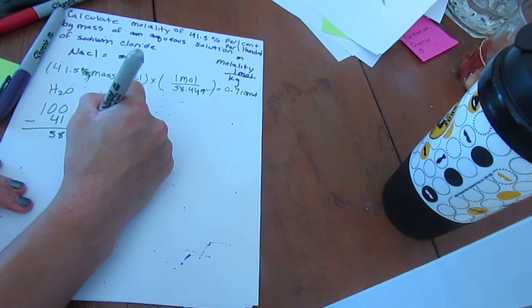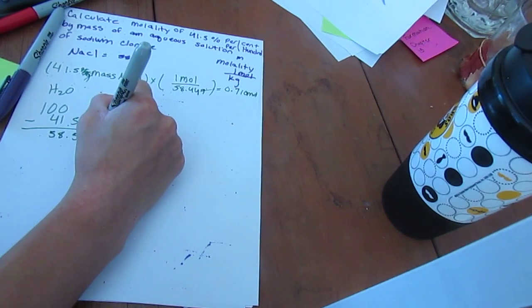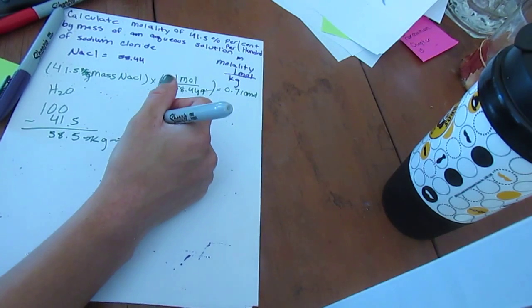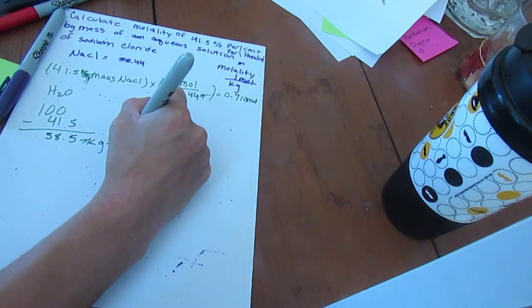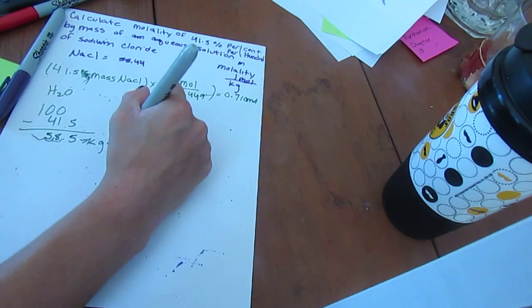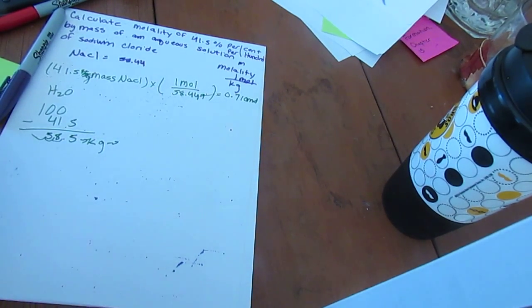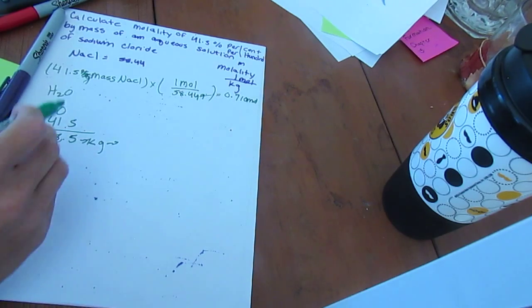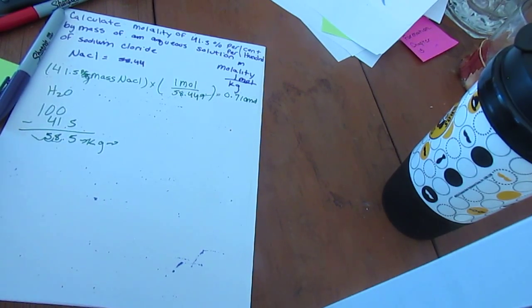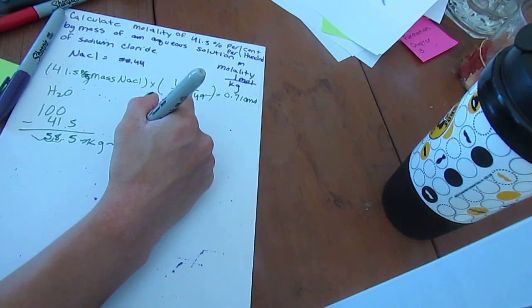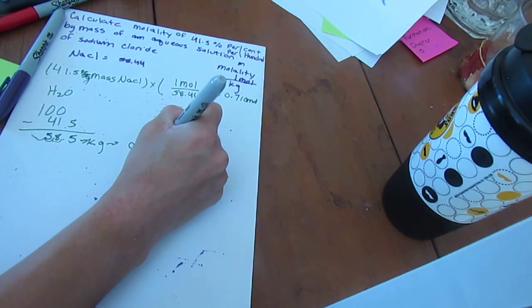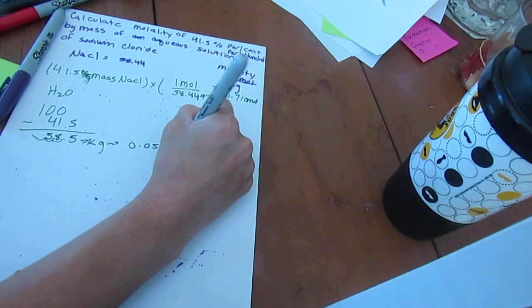When we turn that into kilograms, you could do the conversion factor of dividing by 1,000, but I just like to move the decimal point. Whenever I think of kilo, I think of a kilometer, so it's a very large number. Turning it to kilograms puts it at a better proportion. So we have 0.0585 kilograms of H2O.